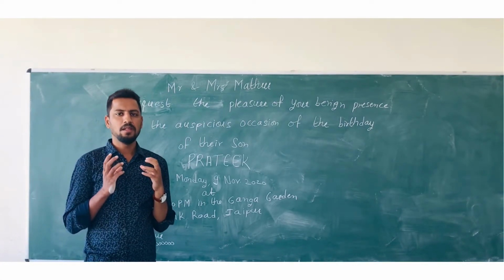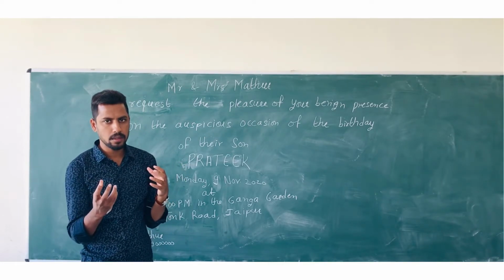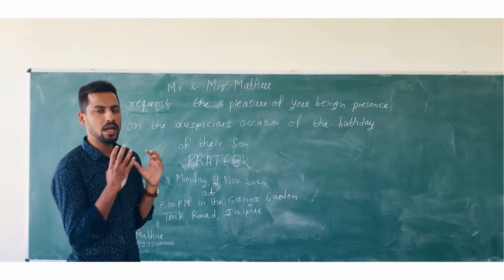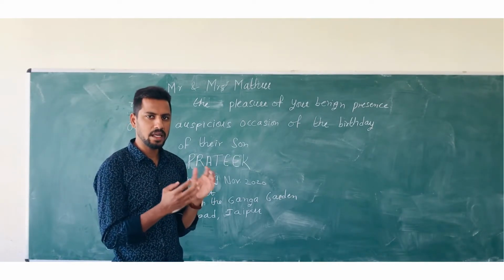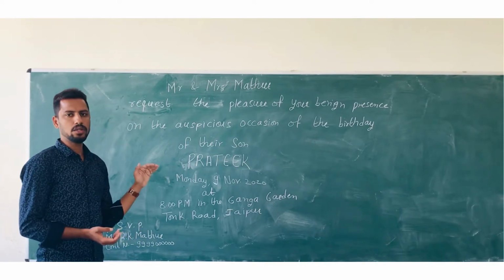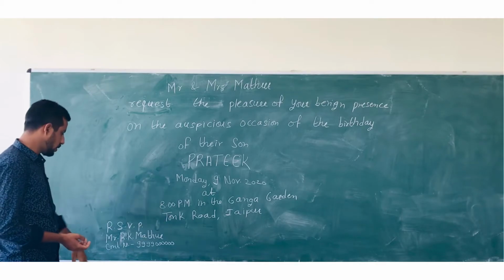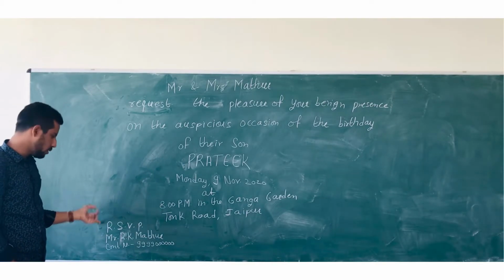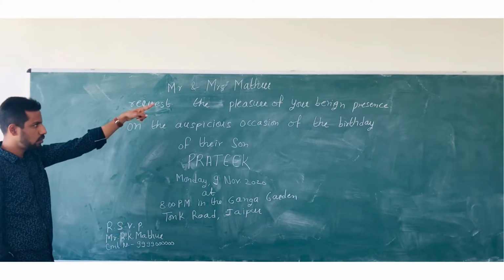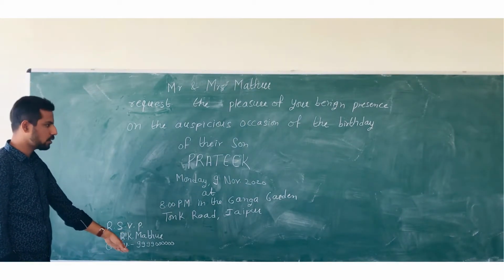Study the format first and then the question. Remember the exact format, then read the question, understand it, and arrange the answer according to the format. Address, venue, then RSVP, please respond. Mr. R.K. Mathur, host, and his or her contact numbers.